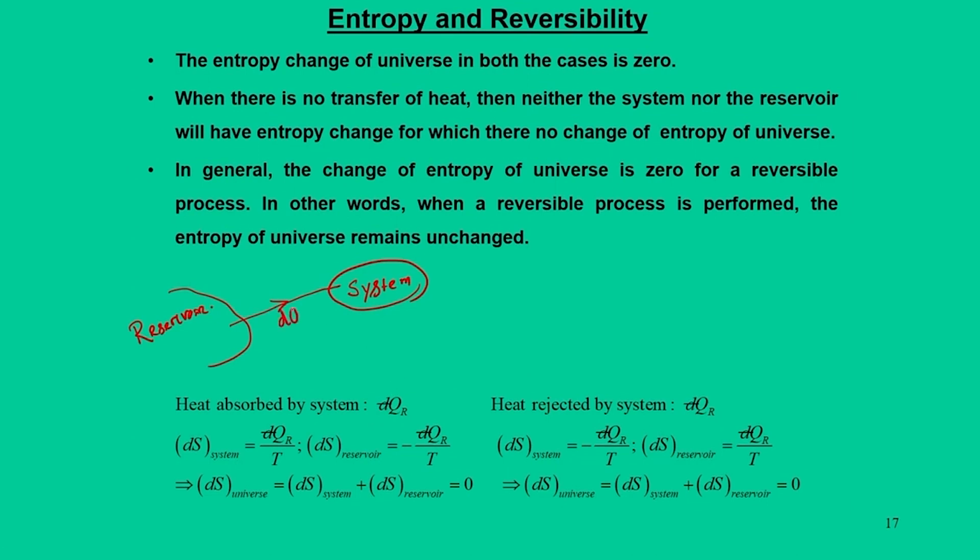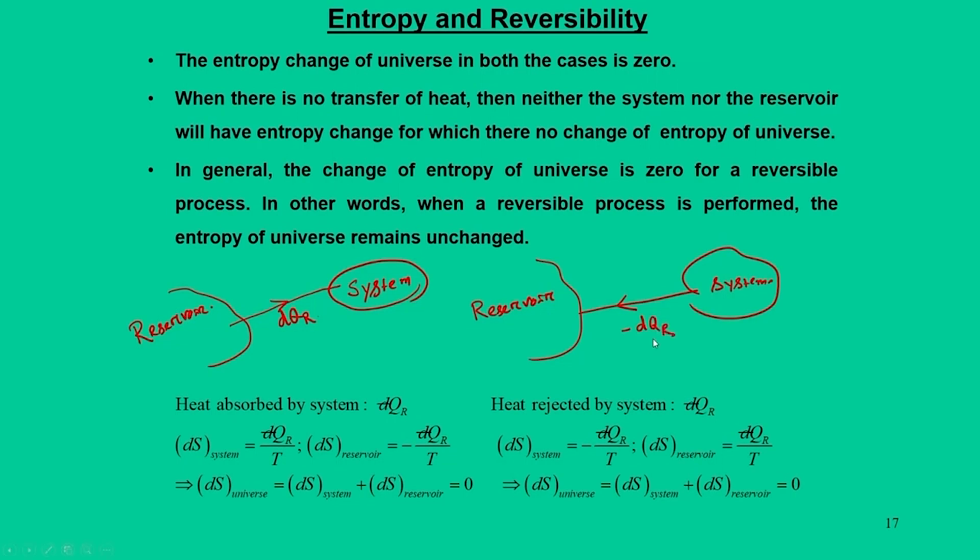So, we say dQr. In another situation we can have a reservoir and we have a system. Here heat is rejected from the system, so we say it is minus dQr.